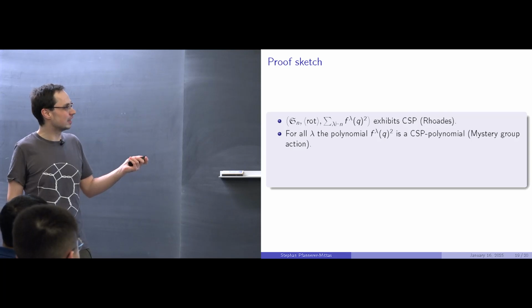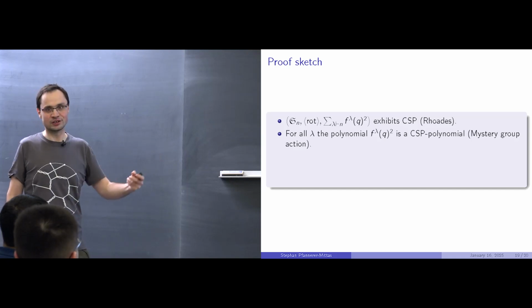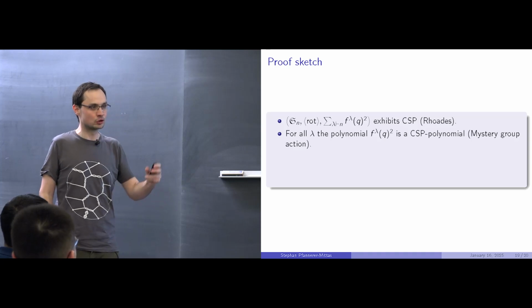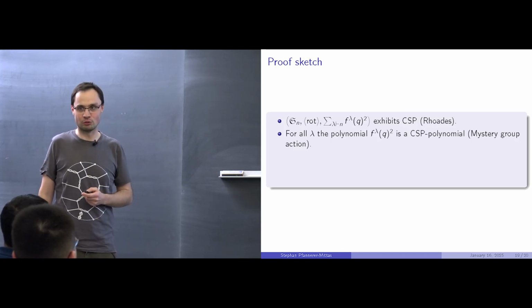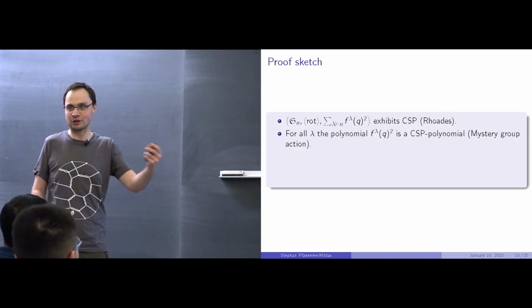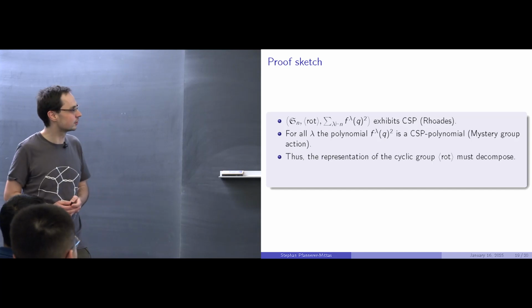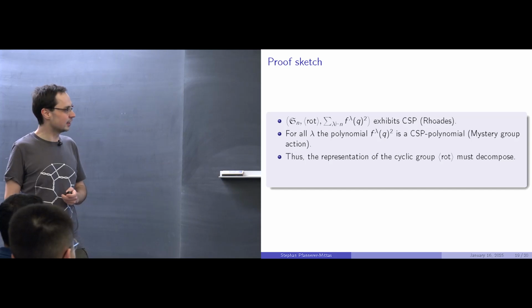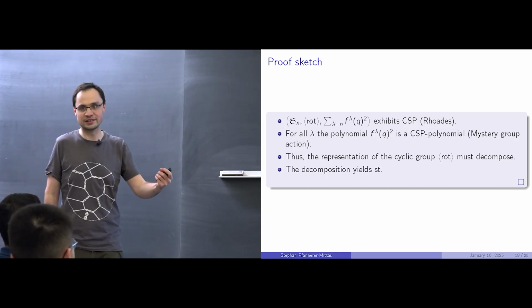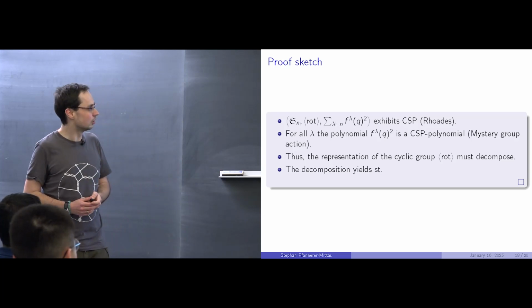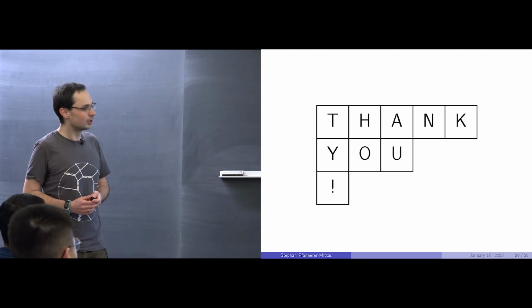But this somehow tells me that the character of my representation must decompose into smaller characters. And when you know that a character decomposes, you know that also your representation decomposes into smaller representations. And so when we decompose S_n, this decomposition really tells us this is the statistic value. And that's all that I want to say.